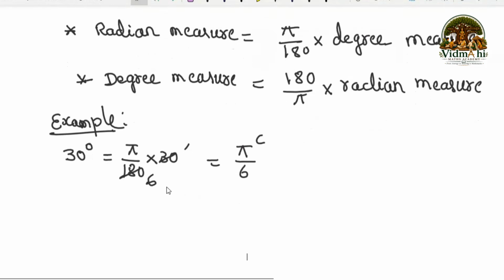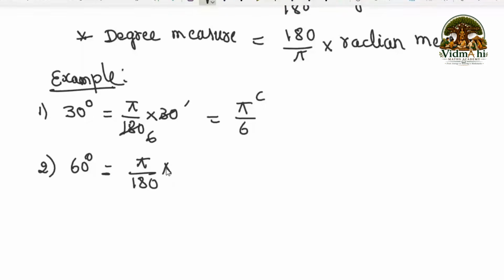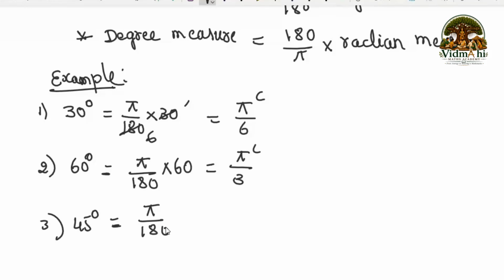This is the first one. Next one, 60 degree is pi by 180 into 60, that is pi by 3 radian. Next, 45 degree is pi by 180 into 45, that is pi by 4 radian.